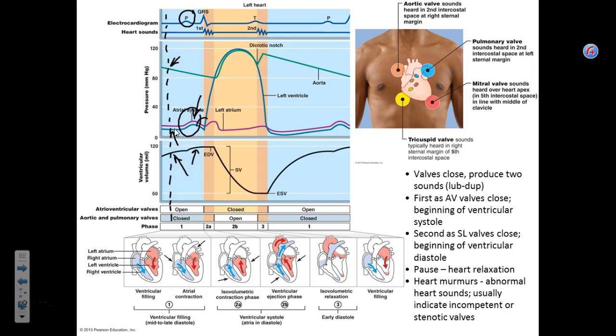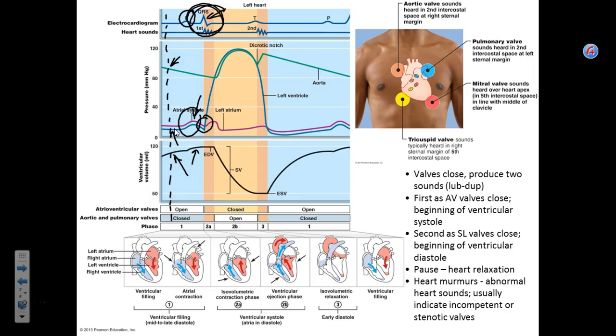And then at this point, what happens? Why are AV valves closed? Why is pressure great in the ventricle? Not just because of a lot of blood. What else? Look at what I pointed to here on top. Ventricle starts to depolarize, meaning it starts to contract. So QRS complex, right?